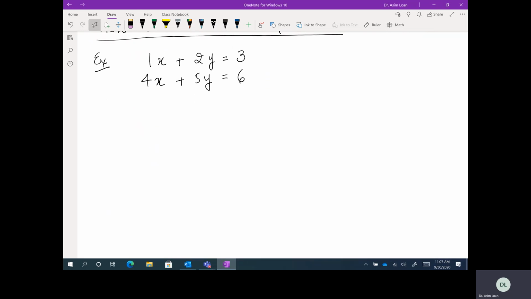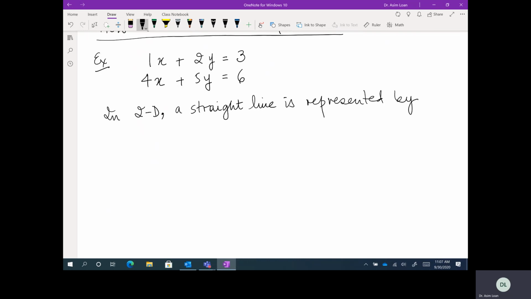Before I do that, let me plot this one. So how do we plot this one? In two dimensions, x and y, a straight line is represented by ax plus by plus c equals 0.